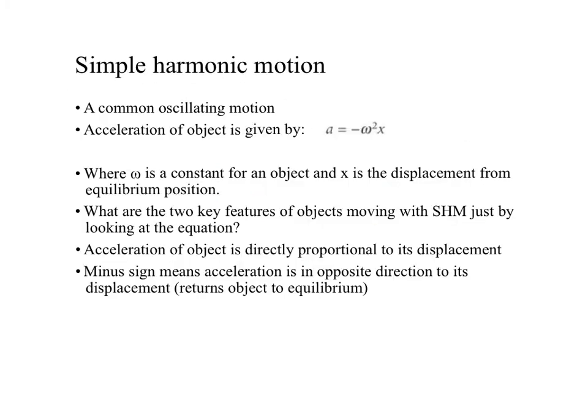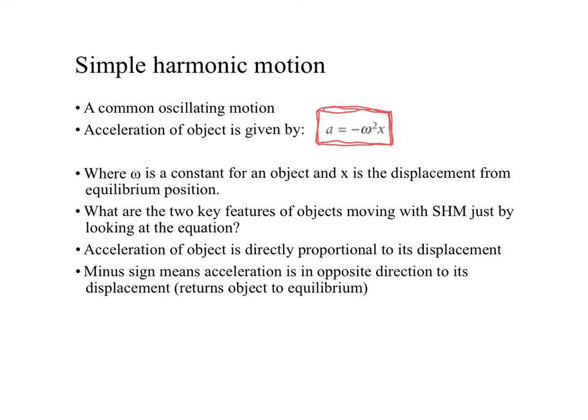Okay, so what is simple harmonic motion? Firstly, simple harmonic motion is one of the most common oscillating motions. So what you have is always an object that is oscillating from an equilibrium position, but simple harmonic motion has its own definition, and the definition is based on this equation. So it's easy to remember once you look at the equation what the definition actually is from it.